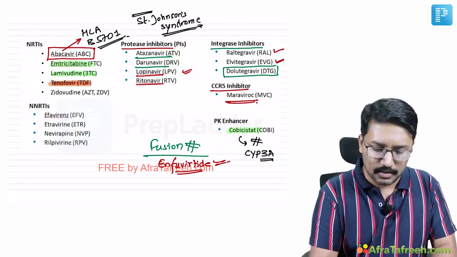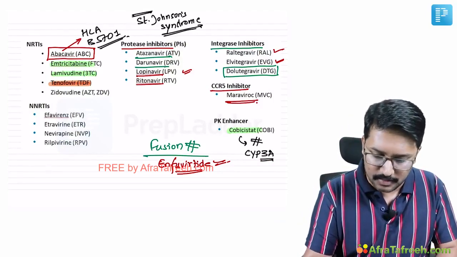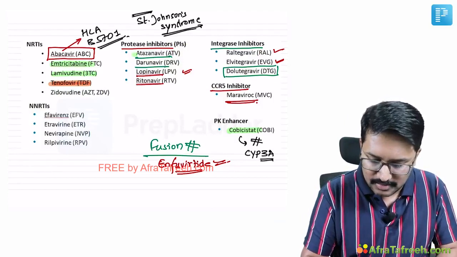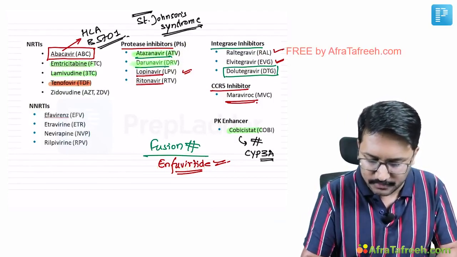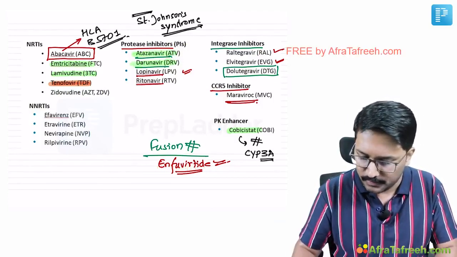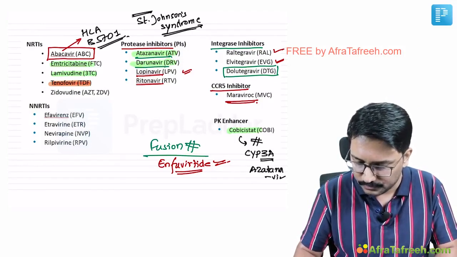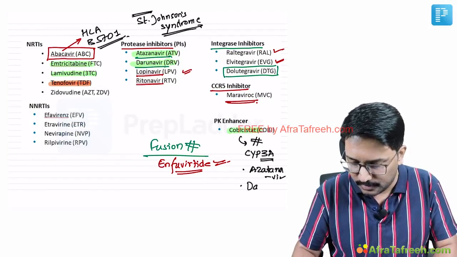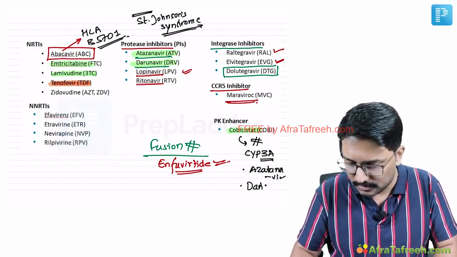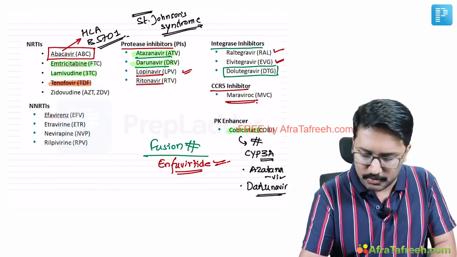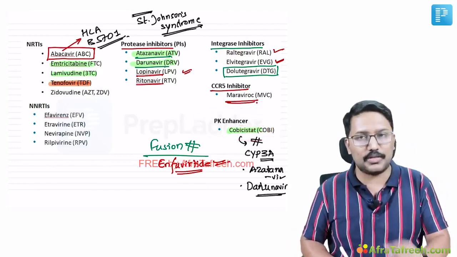So what are the drugs? Those drugs are basically our protease inhibitors, atazanavir and darunavir, right? So when you're treating someone with atazanavir or darunavir, you can co-prescribe them with cobicistat. Clear? Okay. This is one more MCQ that can be asked from the pharmacology side.